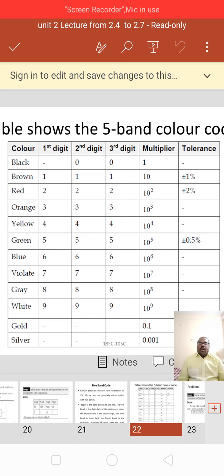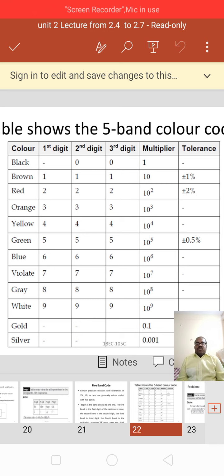Now the colors are the same as shown in the 4 band color code technique. Here, B.B. Roy, Great Britain, very good wife. See, same as it is, they are there. Here first digit, second digit and third digit are equally placed, that is 0 to 9.